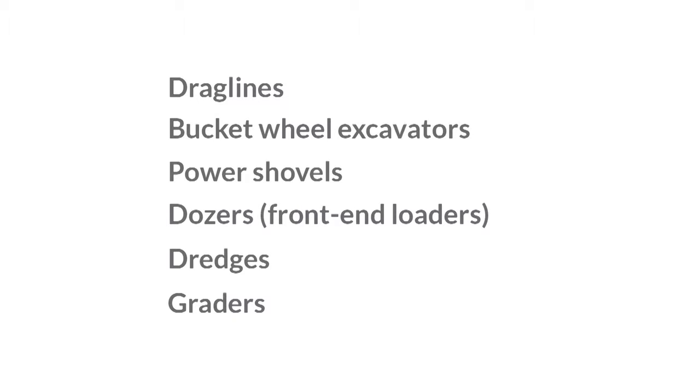In Module 1 and Module 3, we saw that the overburden is the waste rock material overlying the deposit. The principal overburden excavation machines are draglines, bucket wheel excavators, power shovels, dozers, dredges, and graders. And now, let's have a look in more detail at a few of them and how they operate.